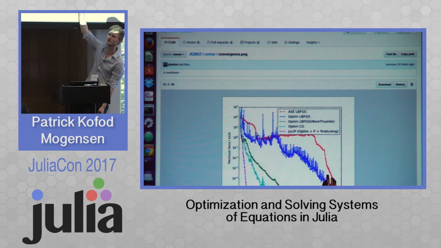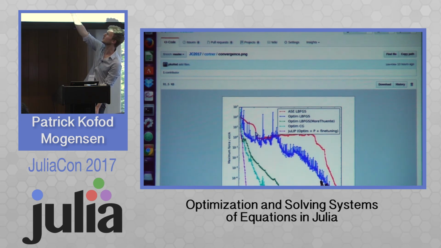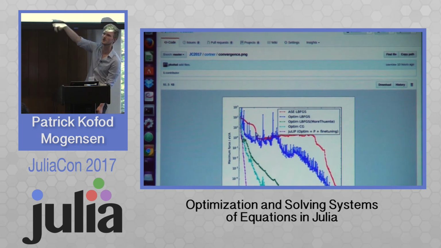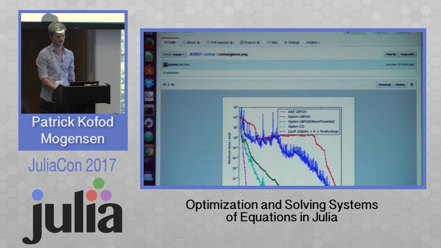And that is something he could not do in this ASE software. So is Optim fast? Well, in some sense, yeah, it is, even with the defaults, but it's also very flexible.